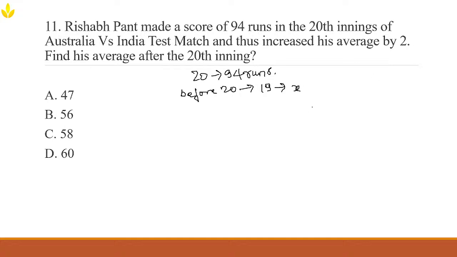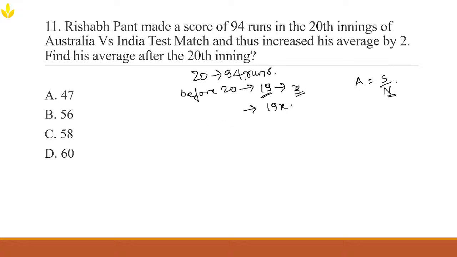We already know the average formula: average is equal to the sum of all the values divided by the total number of values. Now we have considered the average of 19 innings as x and the number of innings is 19, so the sum will be equal to 19 into x.